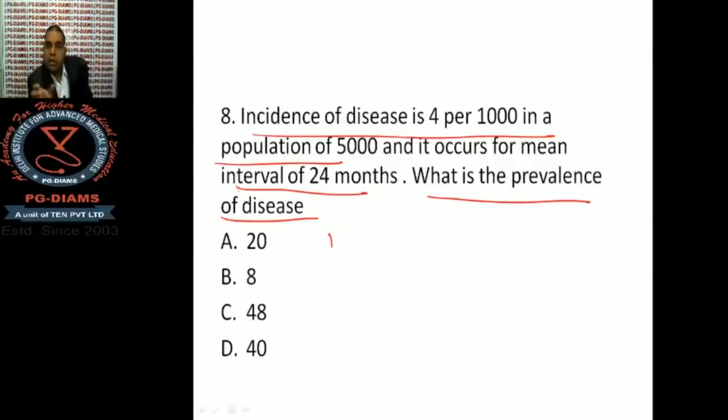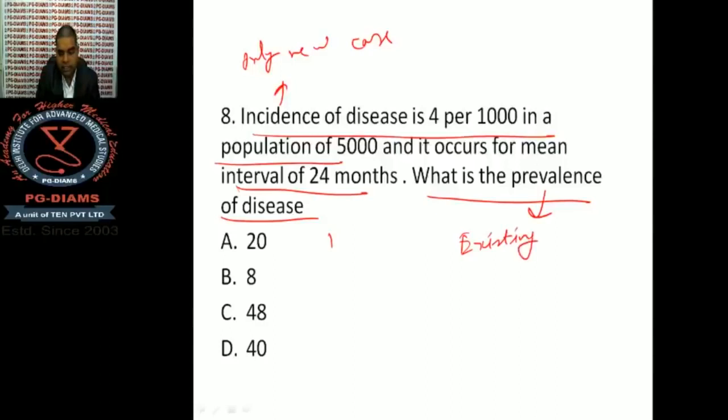That number of cases which came during the period of observation, 2, is the incidence, because incidence is only new cases, and prevalence is existing cases, already present cases. This is the difference between incidence and prevalence.